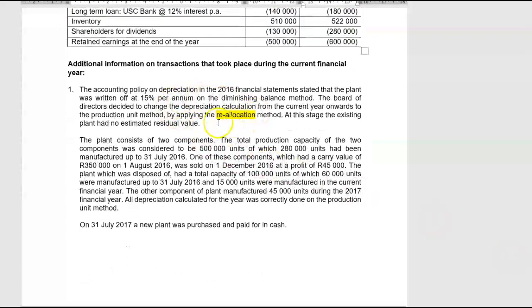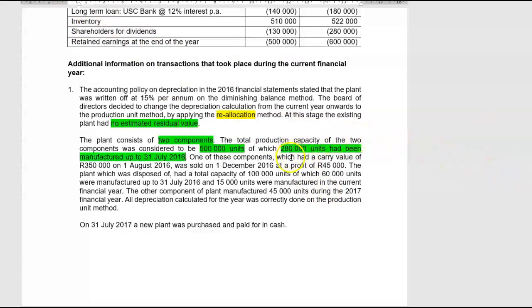Now they tell us that the plant consists of two components. Good. There was no estimated residual value in our new estimate. The total production capacity of the two components was considered to be 500,000 units, of which 280,000 units had been manufactured up to the beginning of the current financial year.